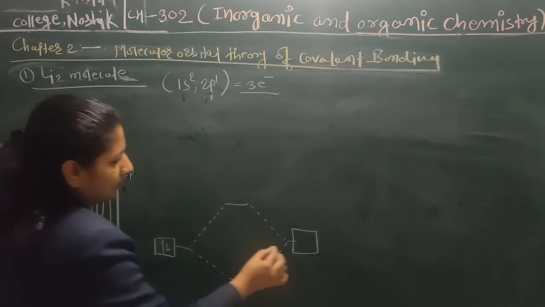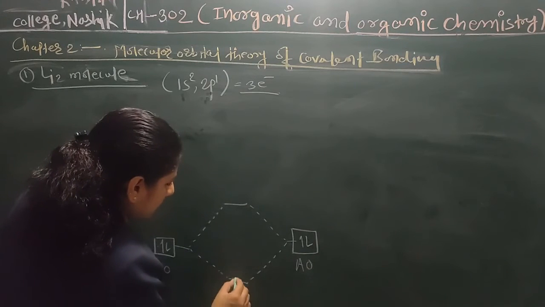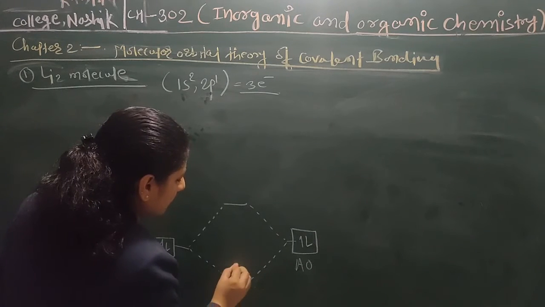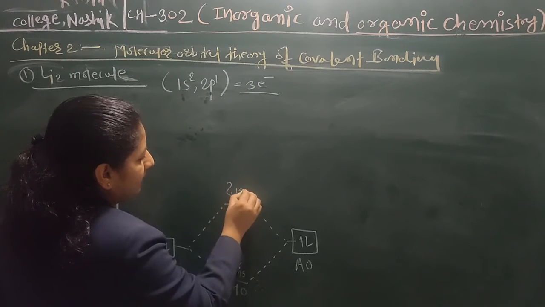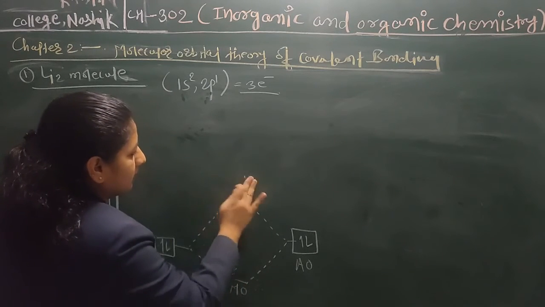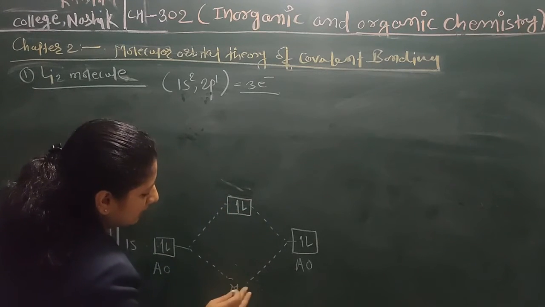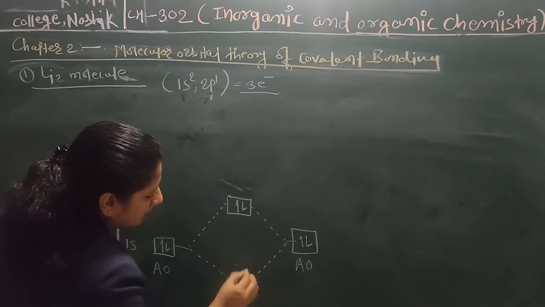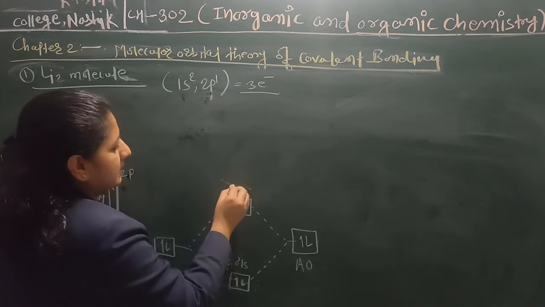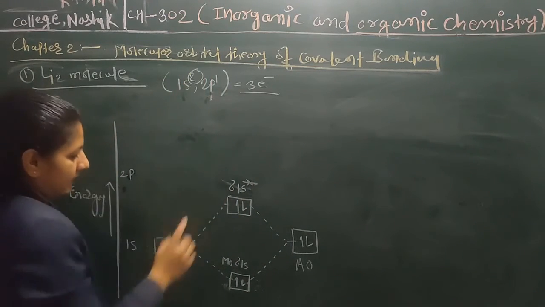As we know, these are sigma 1s and sigma 1s star orbitals, the bonding and antibonding molecular orbitals.